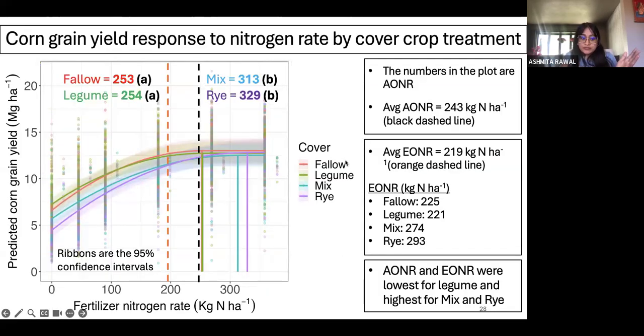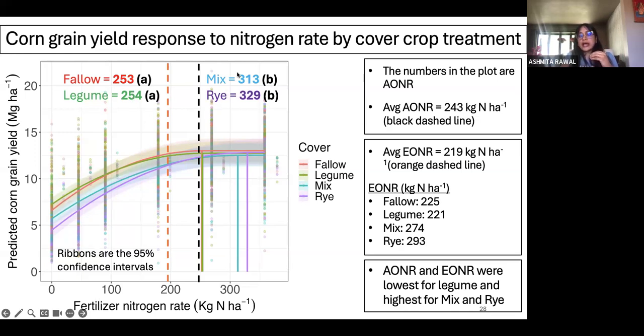Here's the result. The numbers here show agronomic optimum nitrogen rates, where there is 253 kilogram nitrogen per hectare following fallow, 254 following legume, and they were not different from each other.